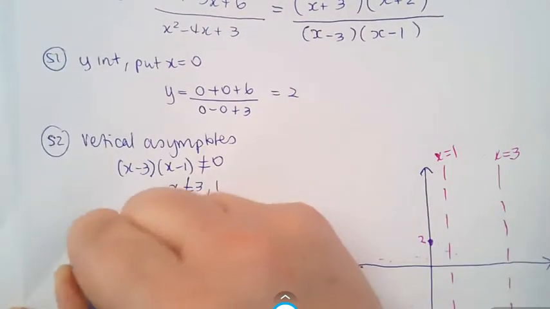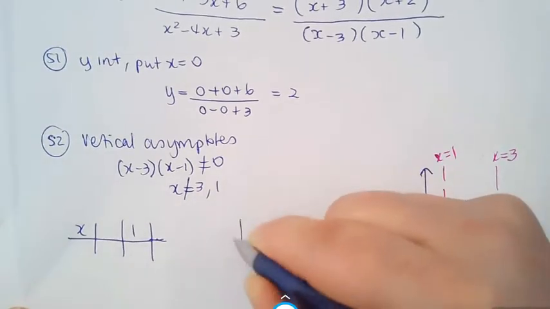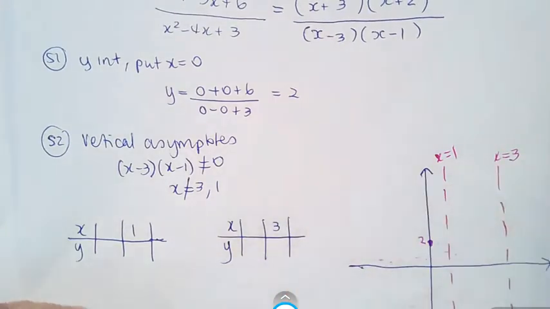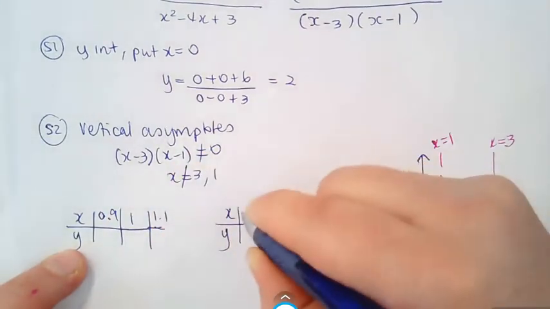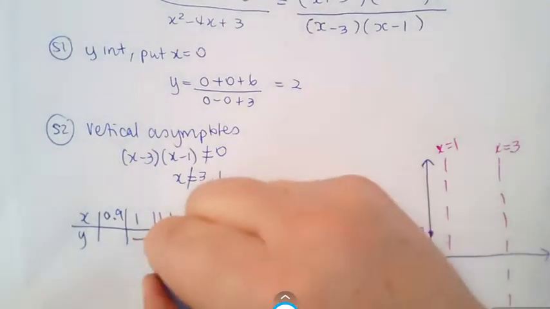Now, don't I just do my little tables, one for the point 1 and one for the point 3. Do you know what to do now? Don't you just substitute? Tell me which values you're going to substitute. 0.9, 1.1, 2.9, 3.1. These are undefined.